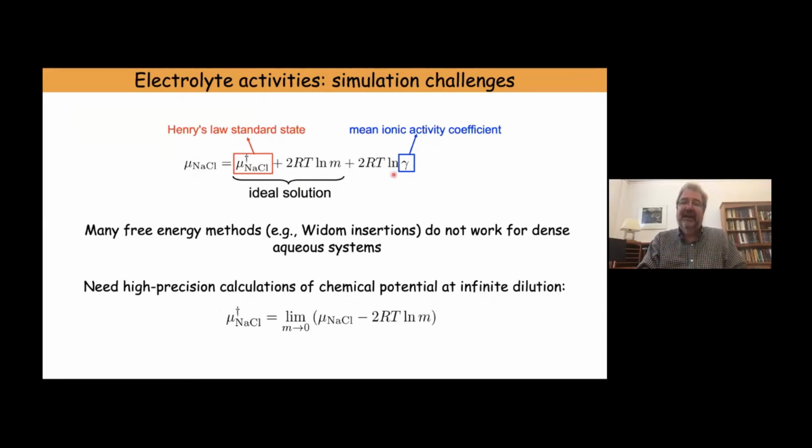So in order to get a simulation method to compute these activity coefficients, you need a method to get the chemical potential at a finite concentration, and you need a way to get the infinite dilution chemical potential.